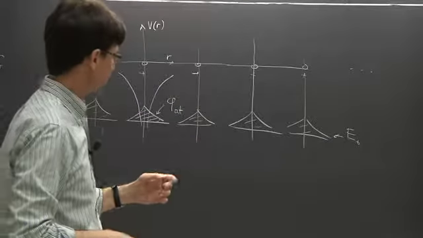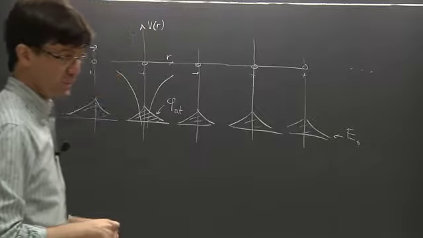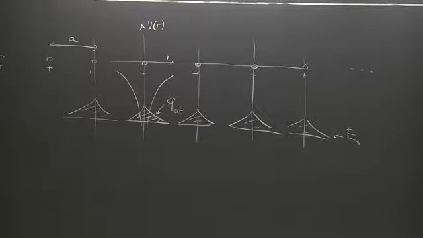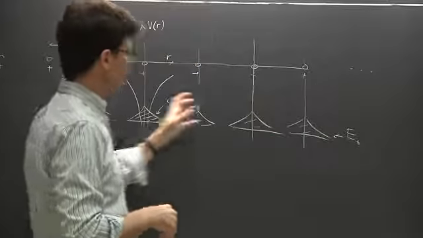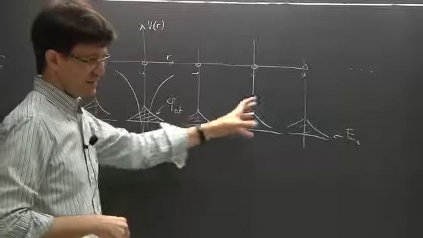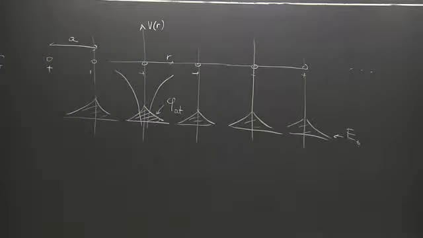It's the atomic wave function, and it's the corresponding atomic energy for that state. And what I want to do now is construct the wave function of the whole system, starting from the atomic wave functions of the individual atoms.